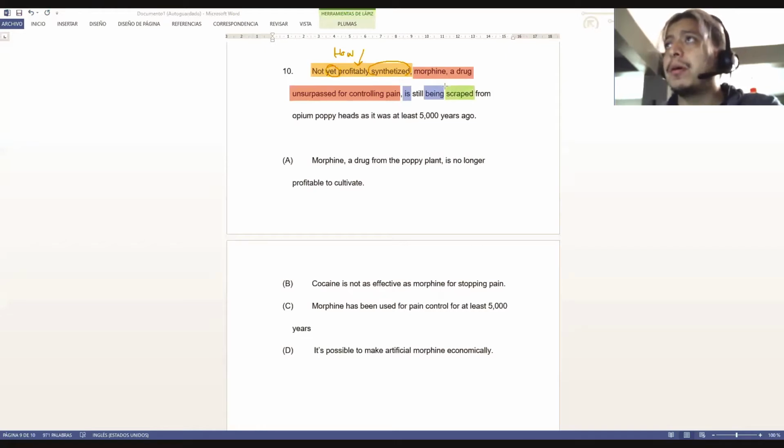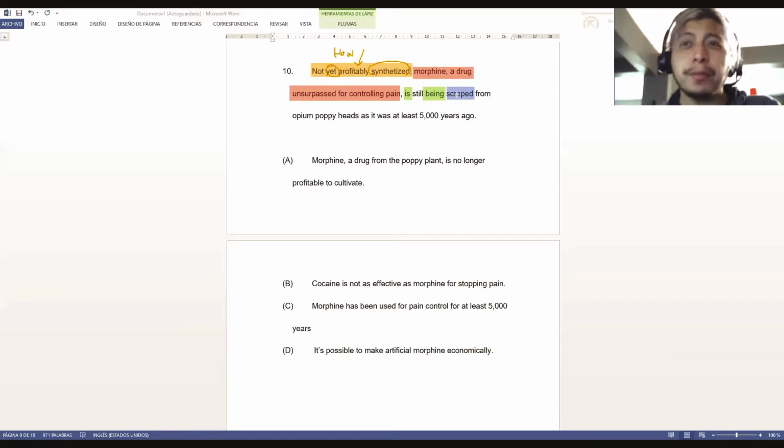The auxiliary is being, and the verb is in the past participle. So morphine is not scraping anything. Morphine is being scraped. Still, aún, todavía. Up until this moment, morphine is being scraped.